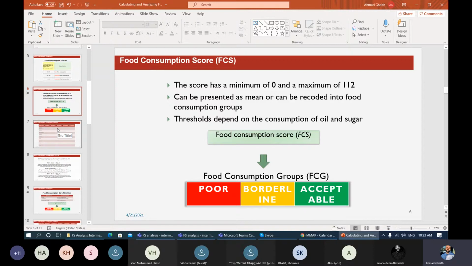But we can also think of food consumption score, whether or not the average of the population is above 42. So we would say that on average at the population level, again, not necessarily saying something about the household, the families are having acceptable food consumption.